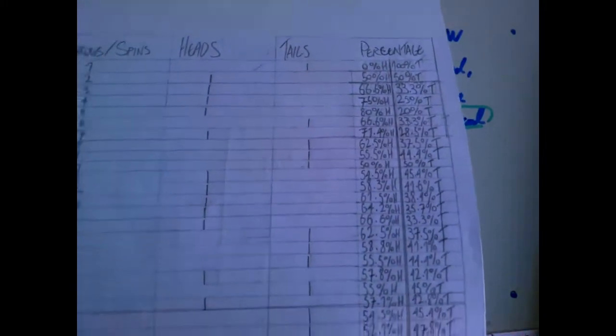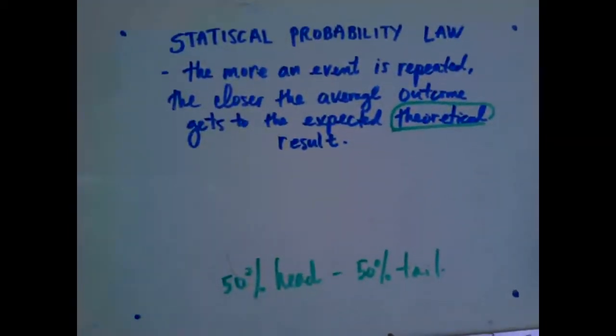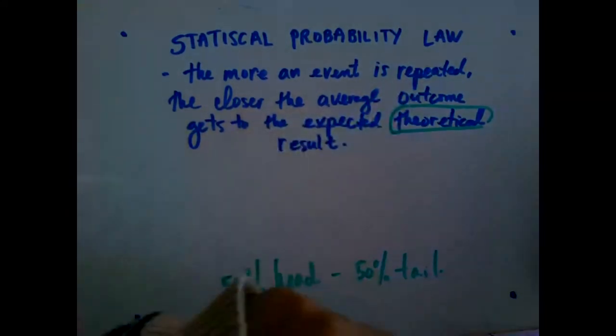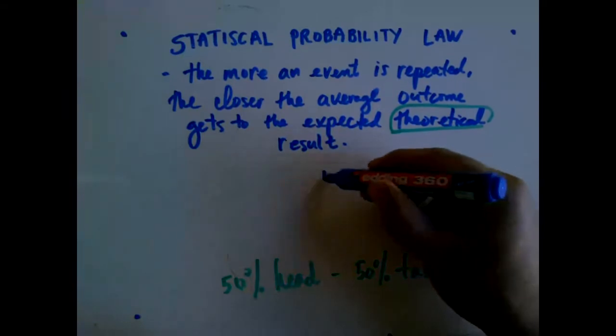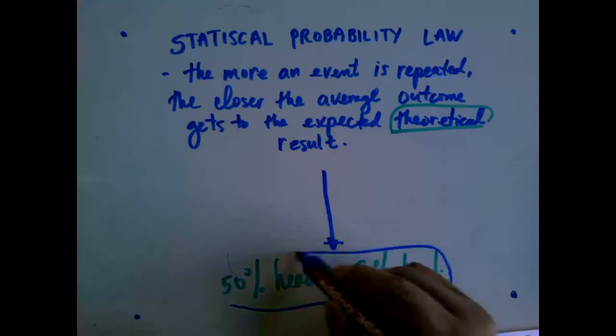Here, after 25 throws, you could see that it stabilizes towards 50%. The last one is 48% for heads and 52% for tails. But if you repeat that 1,000 times, you will get close to the 50% expected outcome.